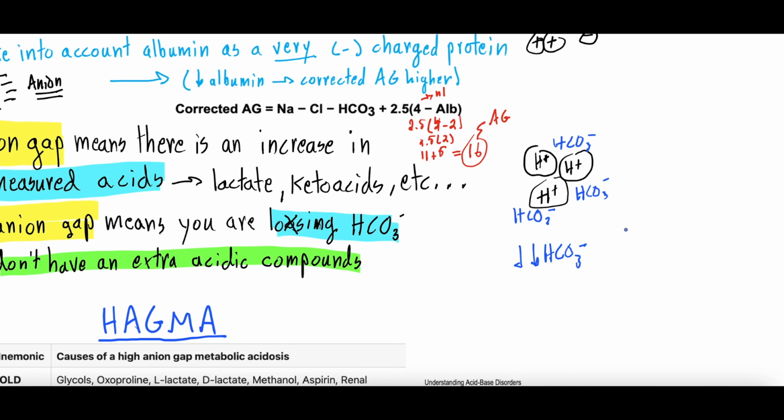Then when you do your equation, anion gap equals sodium, which hasn't changed, minus chloride, which hasn't changed, plus the bicarbonate. Well, the bicarbonate is much lower now because it has tried to neutralize this new acid floating around, and thus the anion gap is going to be high because the equation being used has less bicarbonate present.